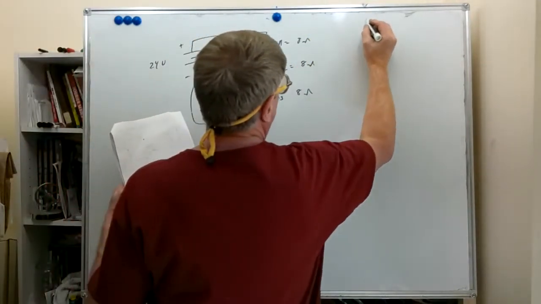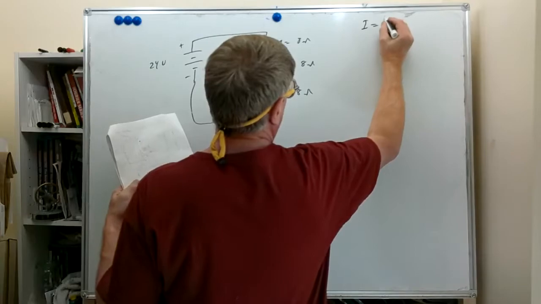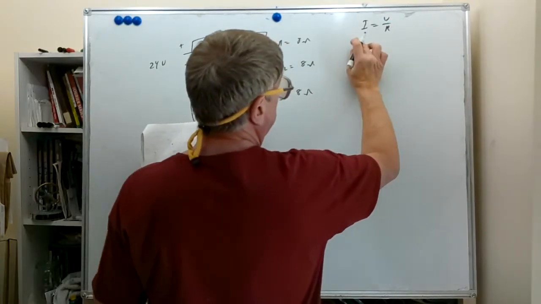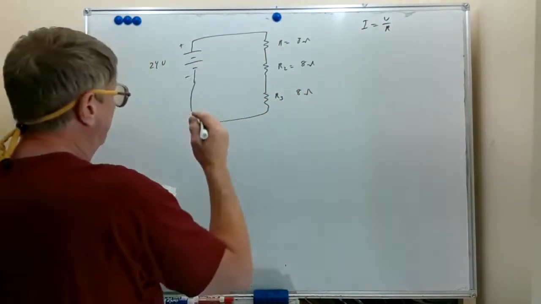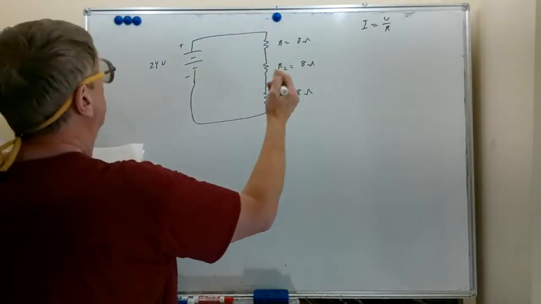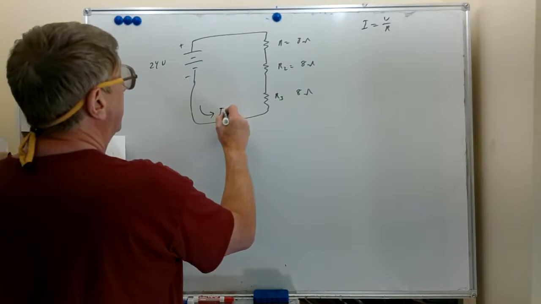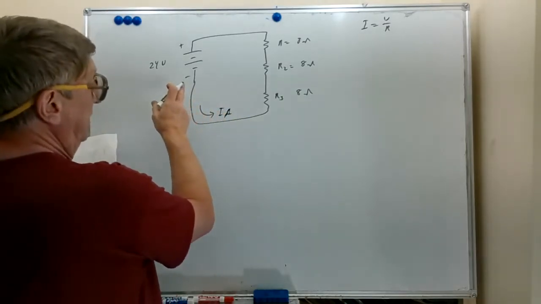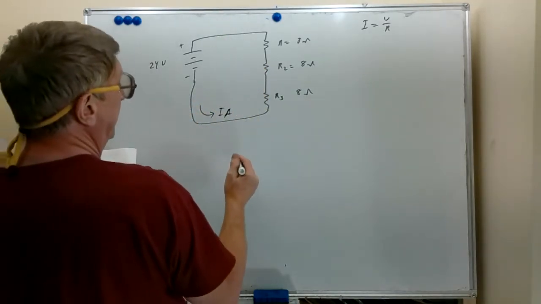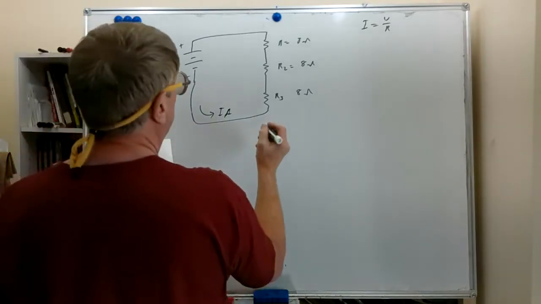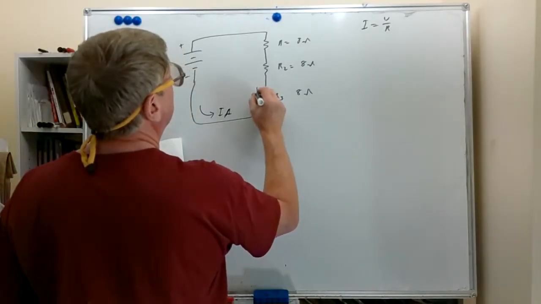Remember that I equals V over R. Current equals voltage divided by resistance. Well, 24 divided by 24 gives us 1 amp, and this is electron flow in that direction. I'm going to put some polarity symbols on each of these resistors.